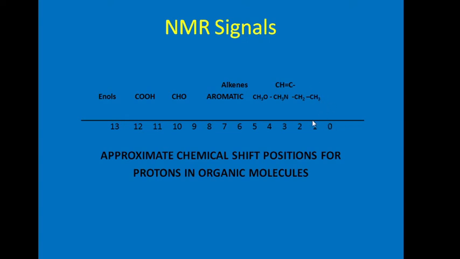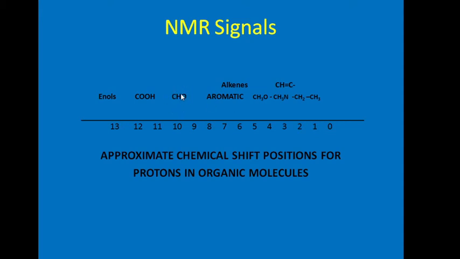CH3 is between 0 to 1. CH2, 1 to 2. C double bond C, you're going to get between 2 to 3. CH3N is between 2.5 to 3. OCH3, you're going to get between 4 to 5. Aromatic protons between 6 to 8. And then you have alkenes, which are between 5 to 6.